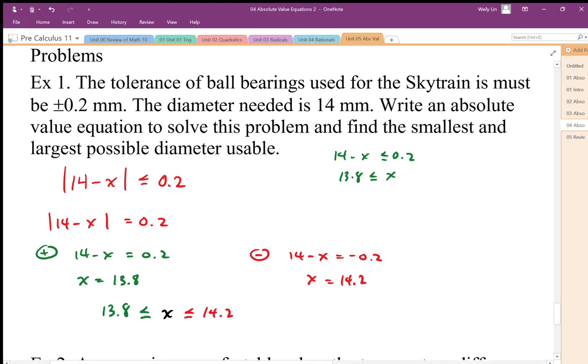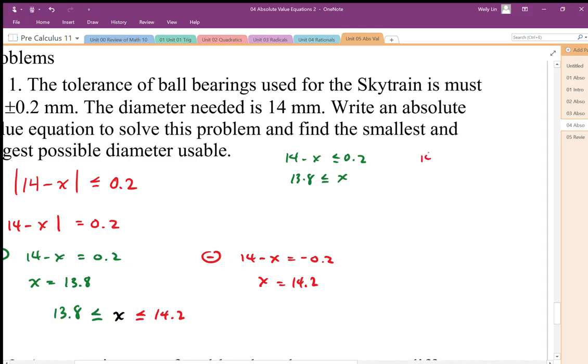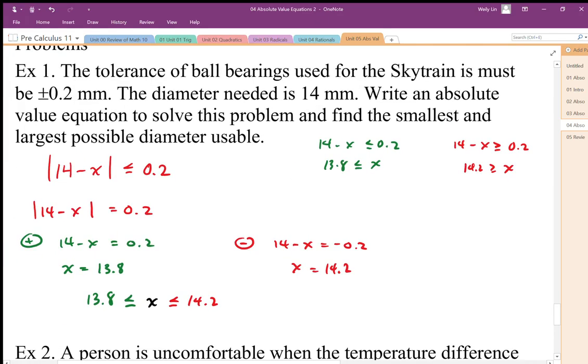And if you want to do the negative version, we need to flip the inequality. Then when we solve for this, we get 14.2. So x is going to be less than 14.2. So that's how I get x is less than 14.2 over here. Now, because the boundaries are going to be the zeros, it is sometimes easier just to solve for the zeros and work out the inequality after the fact.